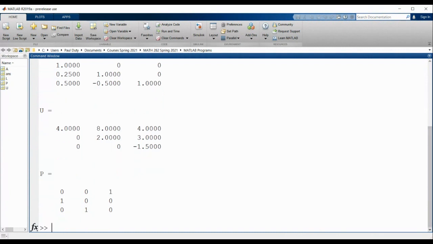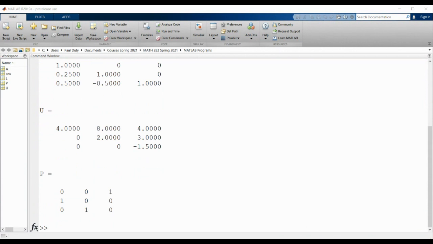And what about the matrix P? Does that matrix P match the permutation matrix that you have in your notes? It does. Thank you, Ariana. Are there a few more confirmations on this?